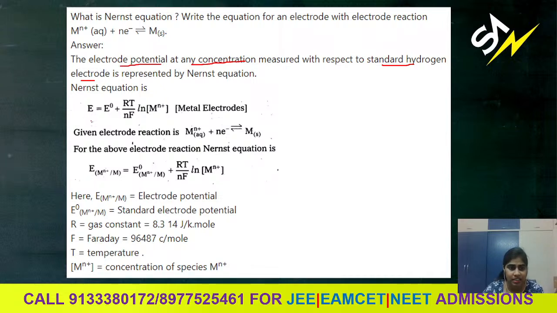Thus, the Nernst equation is E equals E naught plus RT by nF ln of the concentration of M^n+. So this is the Nernst equation.